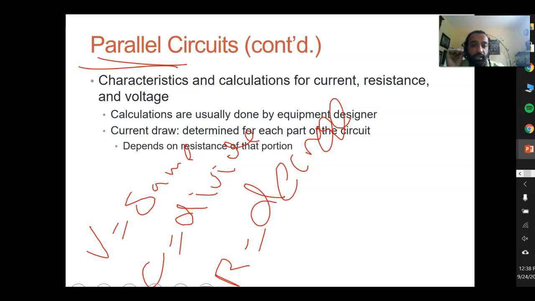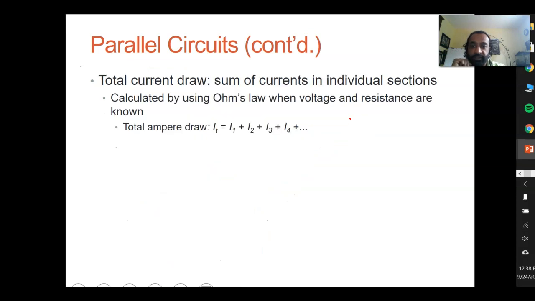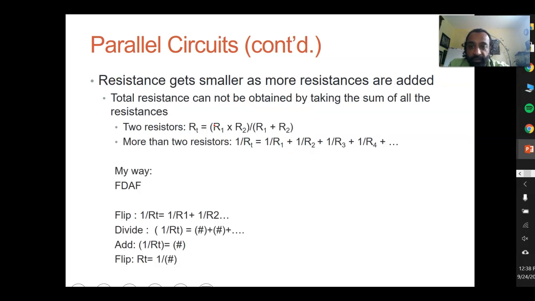It's very important, and visual schematics also help. So let's look at it. So the amperage draw, we said it will divide, so the total amperage will be the sum of all the little currents inside the circuit, and the voltage will remain the same, and the resistance will reduce.